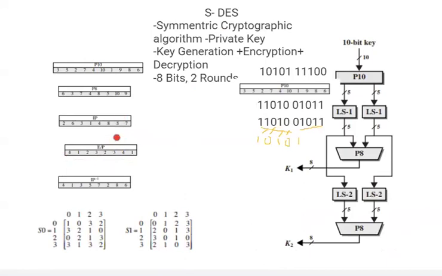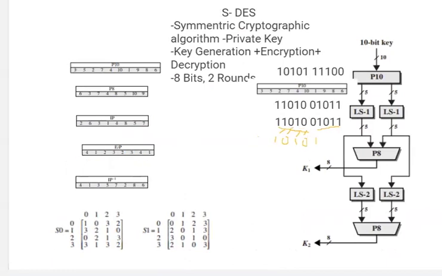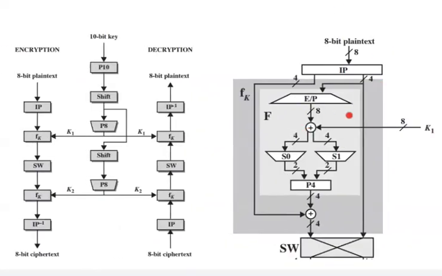4, like how to convert 4-bit to 8-bit is defined by the permutation operation. And then again, once you have this 8-bit, it gets XORed with the first key which we get through the key generation algorithm.